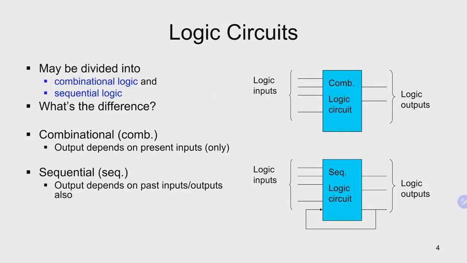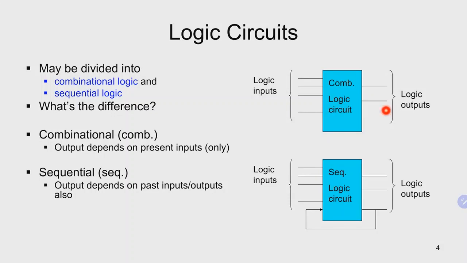Logic circuits can be divided into two. We have the combinational logic, which is the one that I'm covering with you, and then we have sequential logic. We have a set of inputs. We're putting the inputs, 1 or 0, into the circuit, and then we expect some outputs coming out from the other end of the circuit.